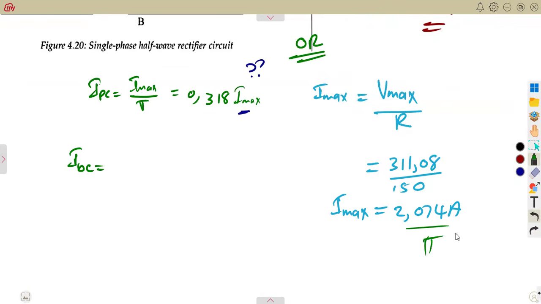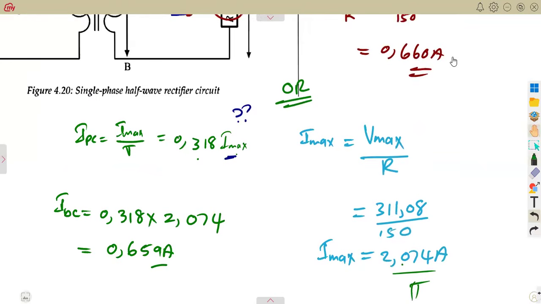You can divide this by pi, or you can simply use 0.318 times the maximum value that we got, which is 2.074. This gives us something like 0.659 amps. So as you can see, it's one and the same thing as what we obtained there, 0.660 amps. It's only that there we are using rounded off figures.